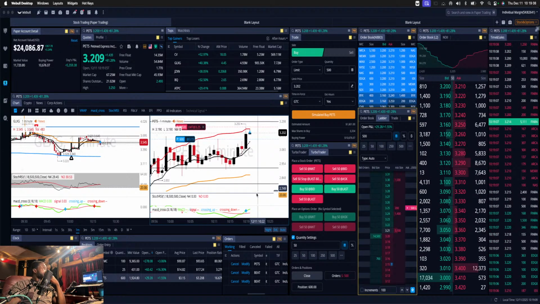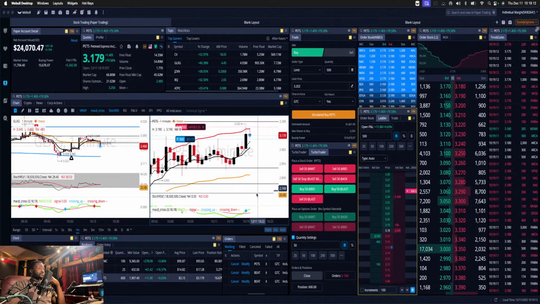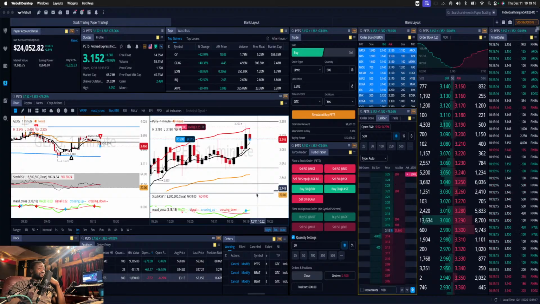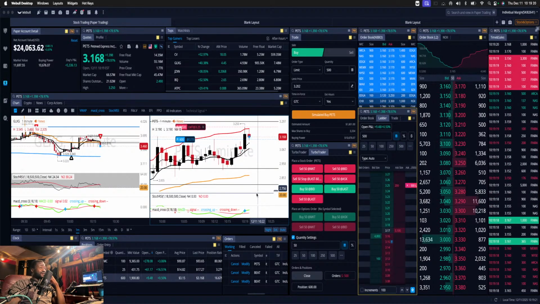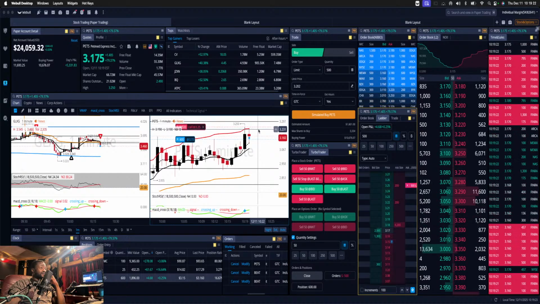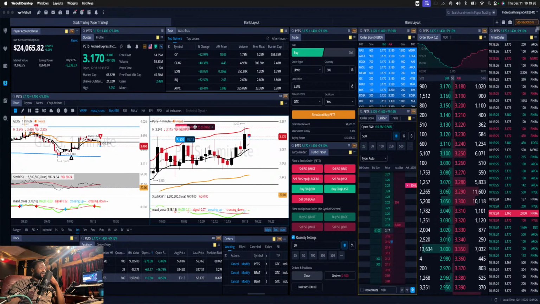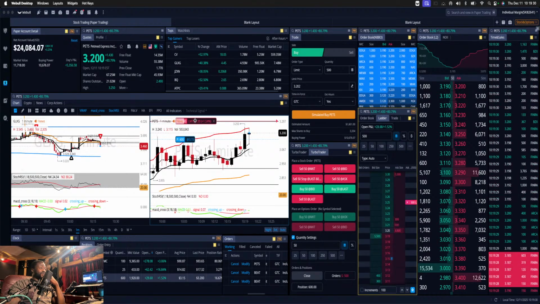USAR. And it's getting rejected. It's getting some rejection at that USAR, 323. Since it already made a high at 325, I think now it has to break higher over that.